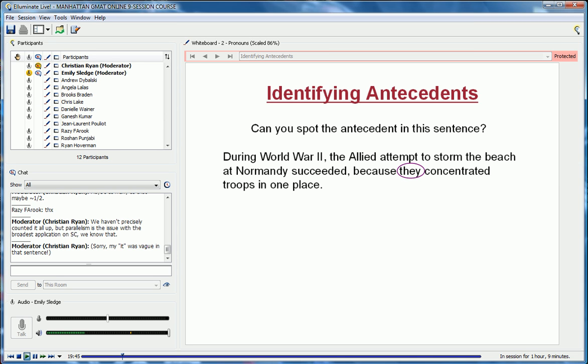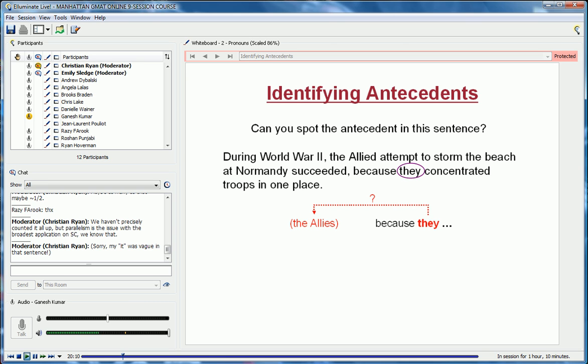Hey Ganesh, would you grab the mic and talk about your thought that you just typed in there? Yes, hello. I thought they referred to the allied, which is, I guess, a plural noun, but it's being used as an adjective to describe the attempt.